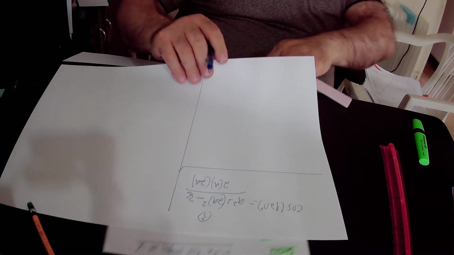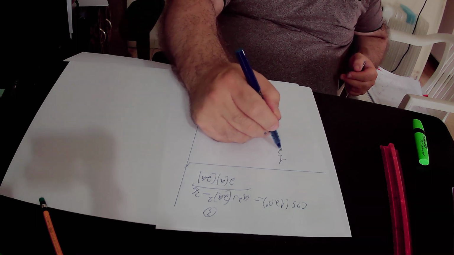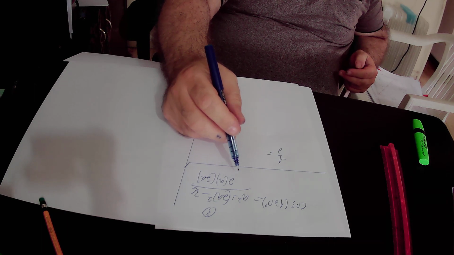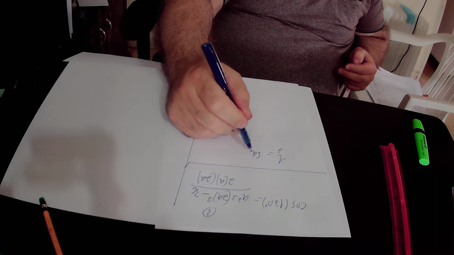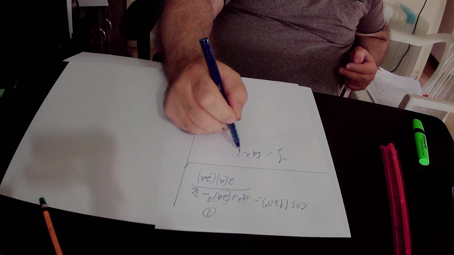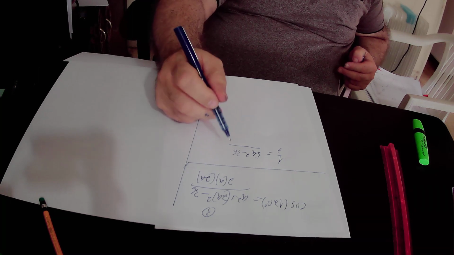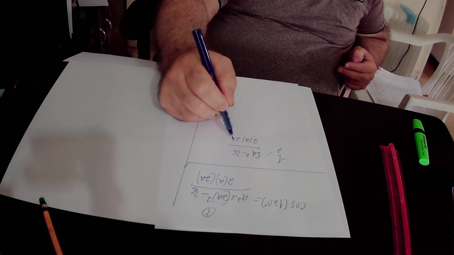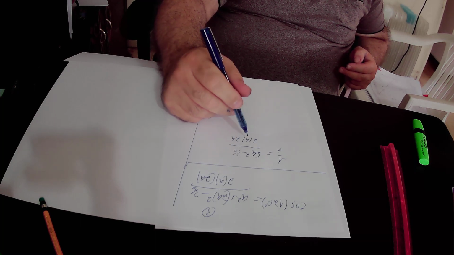Cosine 120 degrees equals minus 1/2. That is equal to A square plus 2A square. 2A square is 4A square, and 4A square plus A square is 5A square, minus 36 over 2A times 2A. Here we have 2 on both sides of the equation, so 2 will get cancelled.